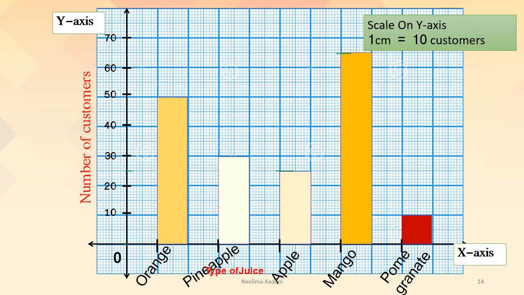We can use colors also to represent this, so that our graph will be more attractive and we can conclude easily. तर अशा प्रकारे आपण दिलेल्या सांख्यिकीय माहितीच्या आधारे स्तंभालेखाच्या सहाय्याने ज्यूसचा प्रकार आणि ते पिणाऱ्या ग्राहकांची संख्या दाखवलेली आहे. Now from this we can quickly say which juice has the most customers? Yes, mango juice. The fewest customers are for pomegranate, that is डाळिंब.